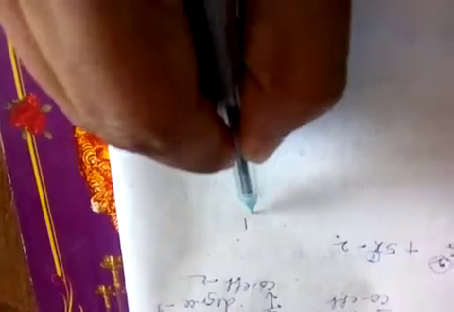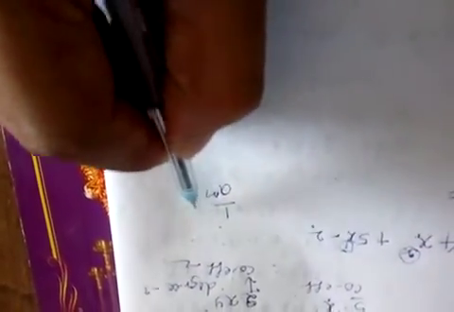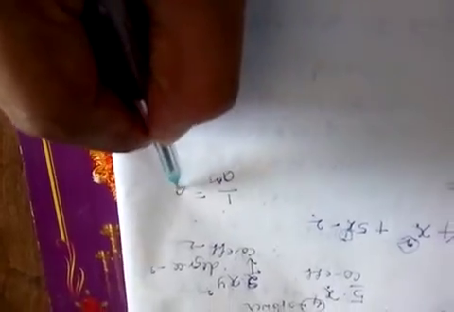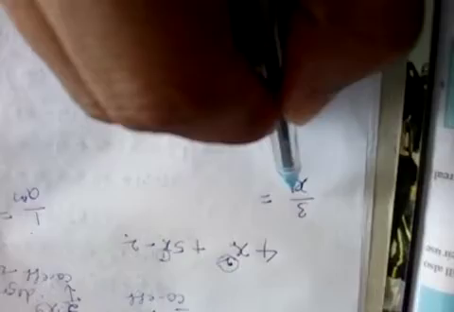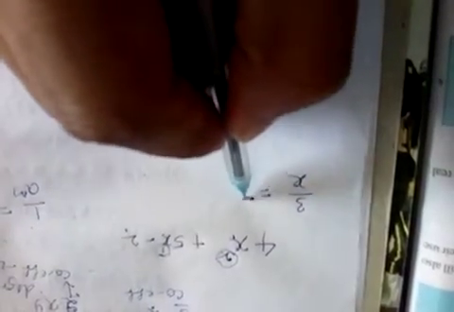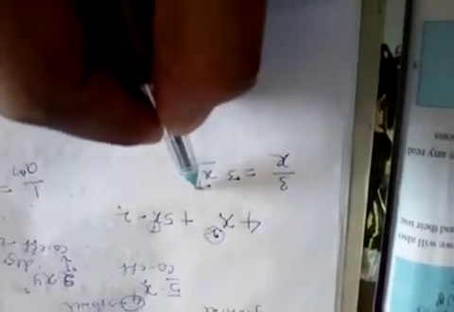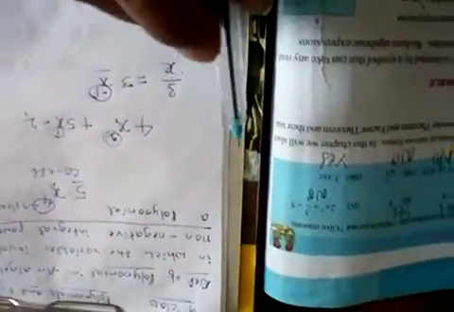Now you can observe in the laws of exponents, 1 by a power m can be written as a power minus m. So 3 by x, x power 1, can be written as 3 into x power minus 1. So here the variable power is x power minus 1. This is negative. So this one is not a polynomial.